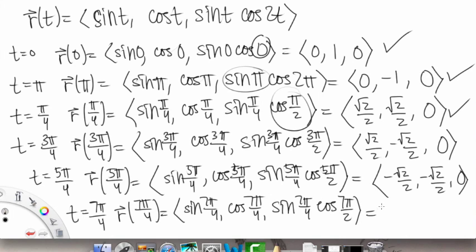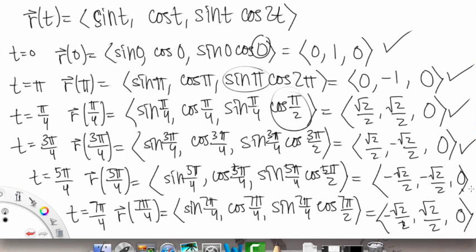Okay, so 7 pi over 4 is pointing down and to the right, so it's in the fourth quadrant, right? So our sine is going to be negative because it's down, but our cosine is going to be positive, our x value is positive, and then for the last one we just get a 0 again because of the cosine 7 pi over 2.